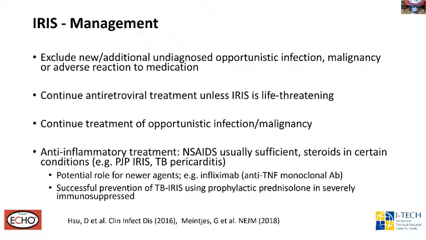This was in persons with the lowest CD4 counts, and there was a statistically significant reduction in the incidence of IRIS in the cohort that received the prednisolone, and there was no, as you would worry about, increase in serious infections or cancers. So that was one potential additional use of steroids in the prevention of IRIS.